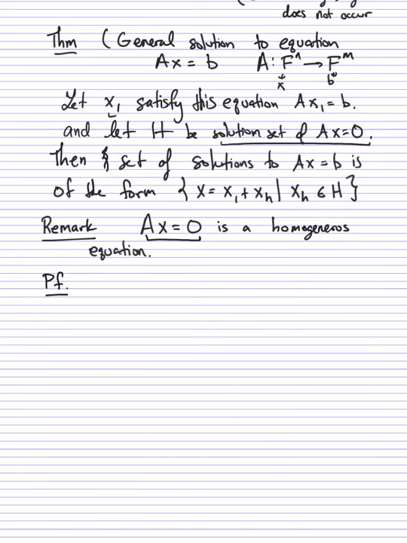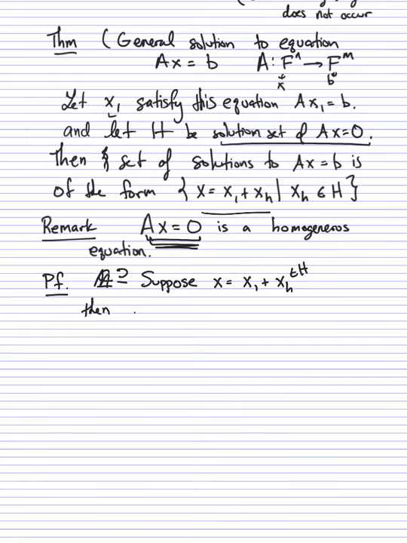Again, it moves the difficulty into figuring out the solution set here. But once you have that, we're just going to show double containment of the set of solutions versus the set of sums. First, suppose x is of the form x1 plus xh, for xh in H, x1 as above.